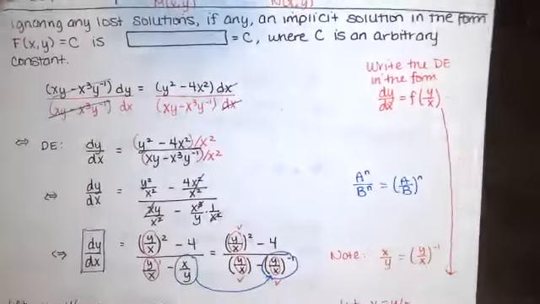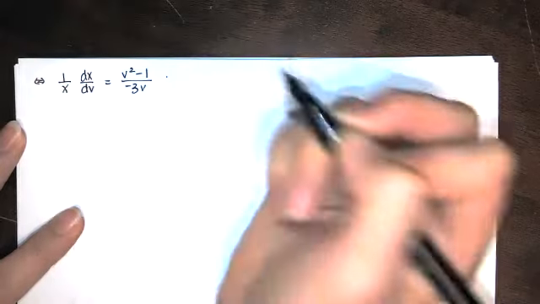So we're going to flip this and flip that. And then it'll be relatively easy to separate the variables from here. So when we take the reciprocal of each side, we get this on the left, and then this on the right.